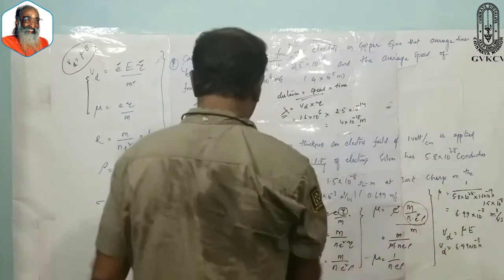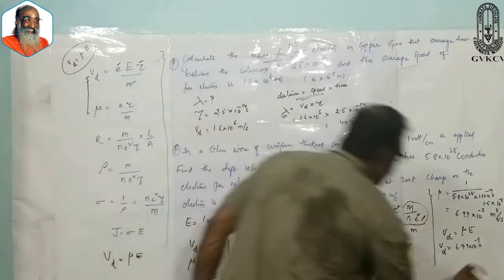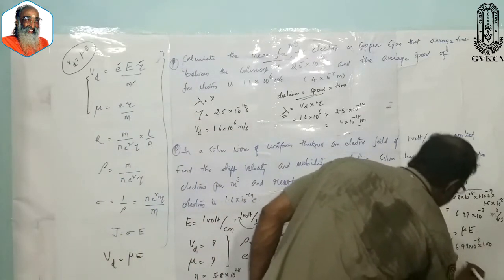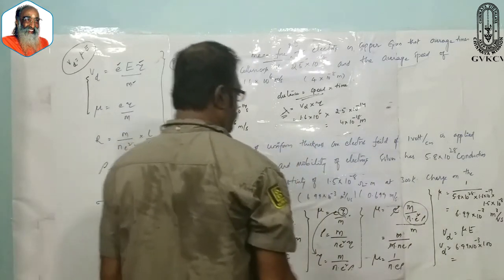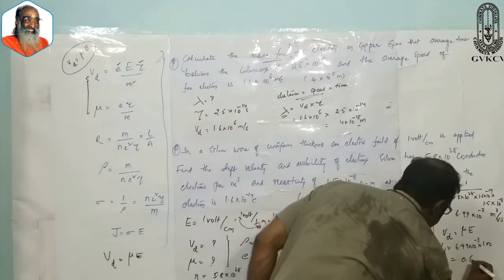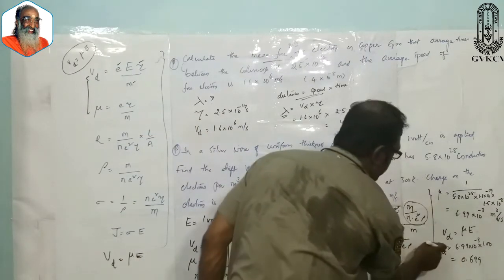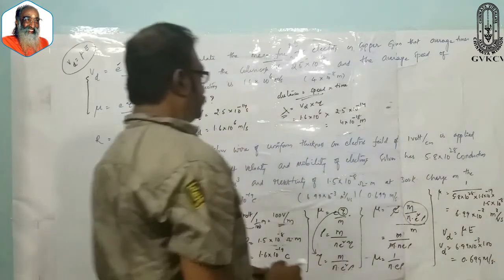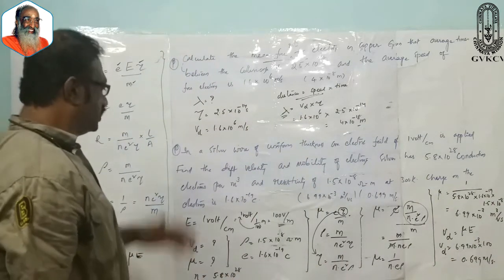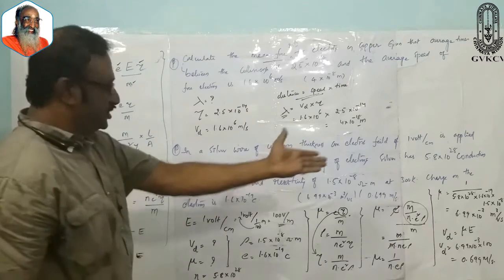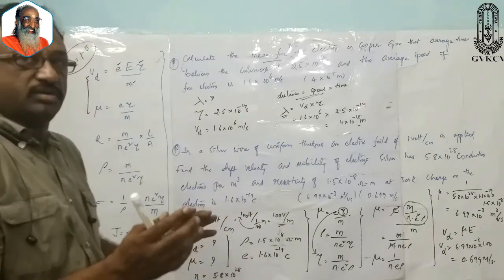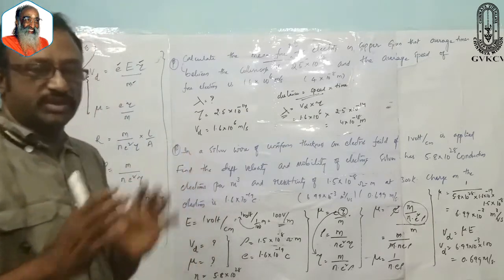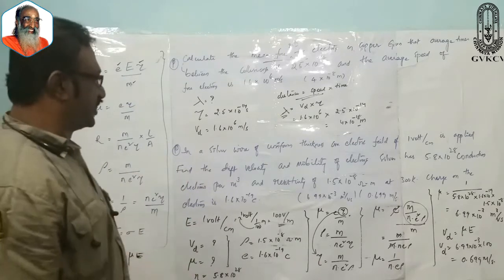So we are getting the answer here as 0.699. We are calculating Vd, meaning velocity. It is meter per second. That is your answer. Isn't it? So this is a simple way. Just using one or two formulas and using the data, just finishing the calculation. Okay. Now take a screenshot of this.